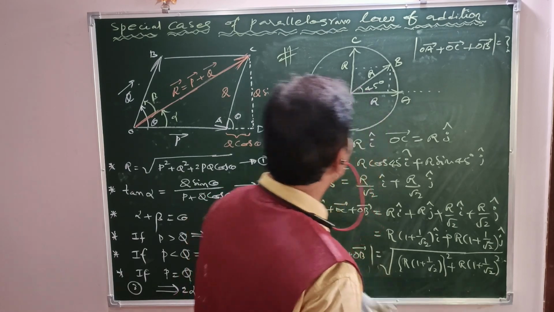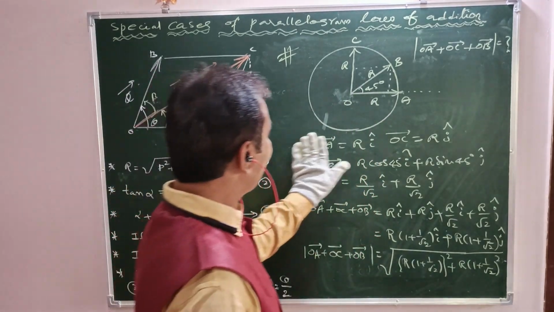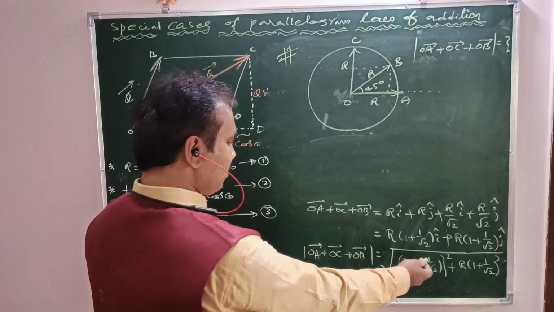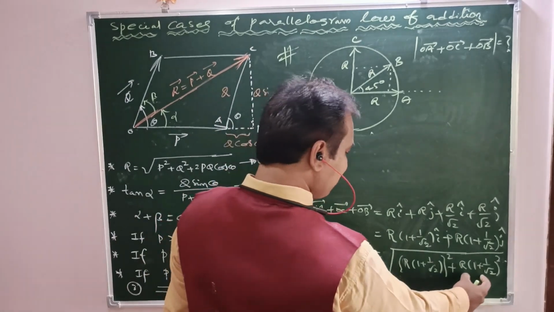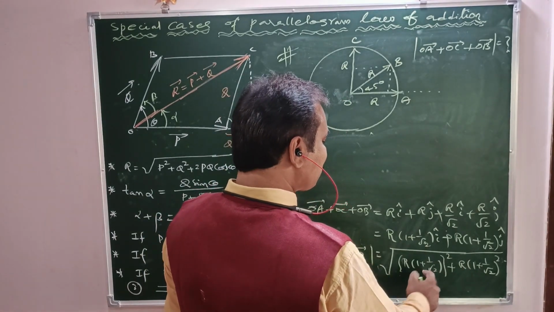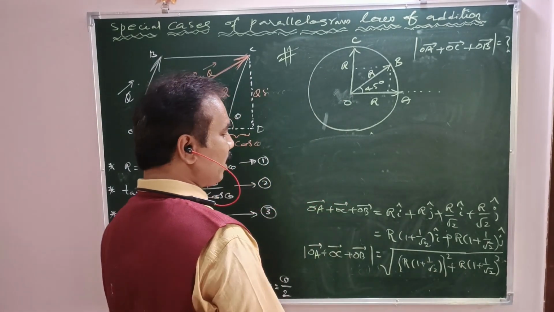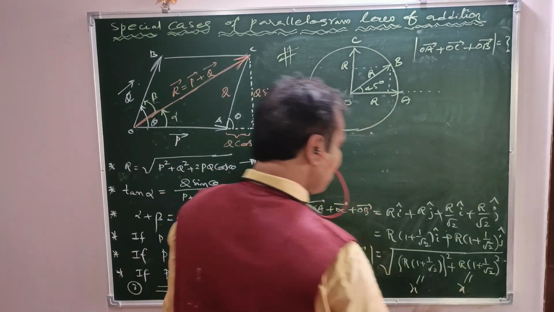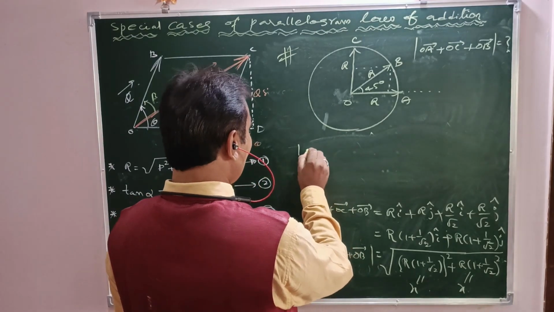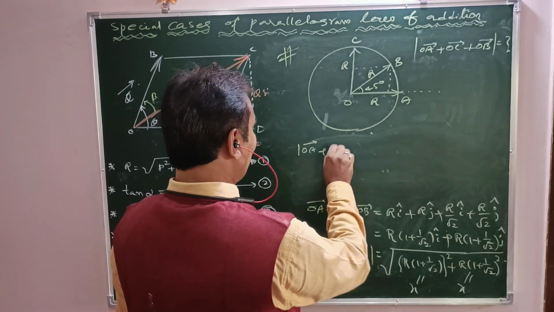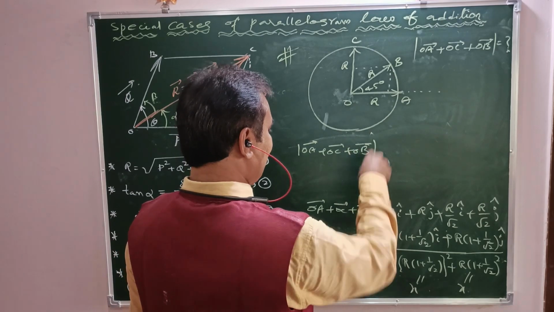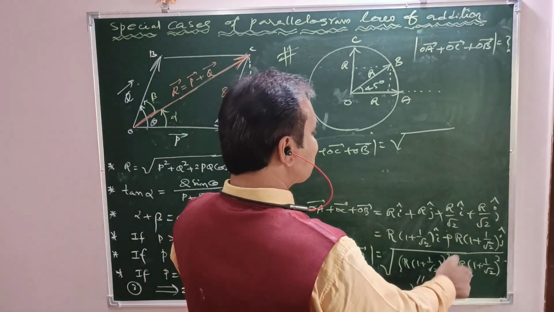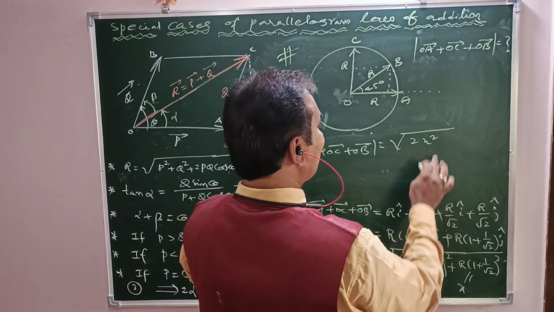See, this is x, this is x, both one and the same. That is x square plus x square, 2x square. So mod of OA bar plus OC bar plus OB bar is equal to root over x square plus x square, 2x square under root.